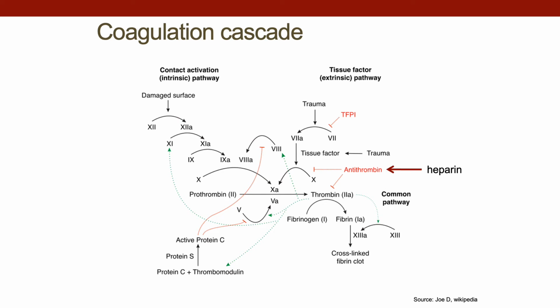Lastly, there's this protein called antithrombin that is a protease inhibitor of thrombin, and it's activated by the polysaccharide heparin. And that is why heparin has anticoagulant activity.